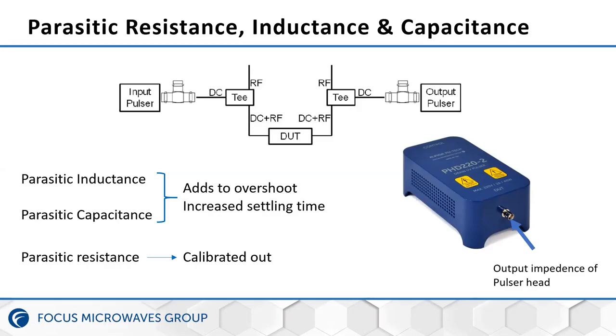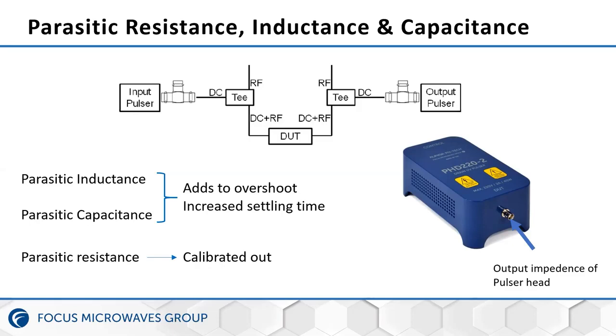Now, when current flows through the output resistance of this circuit, it creates a voltage drop. So the voltage that is set at the power supplies, you might not see at the output of the pulsar head.